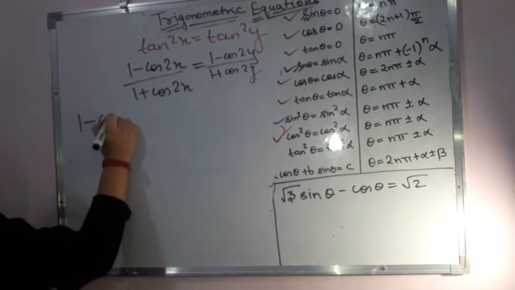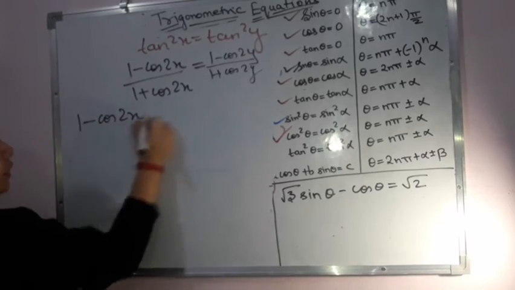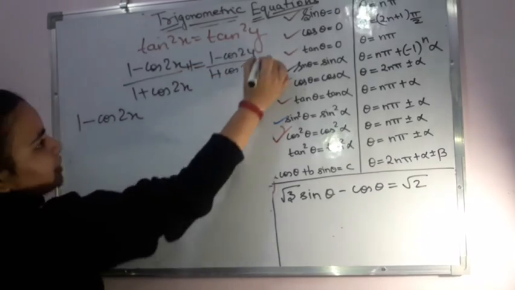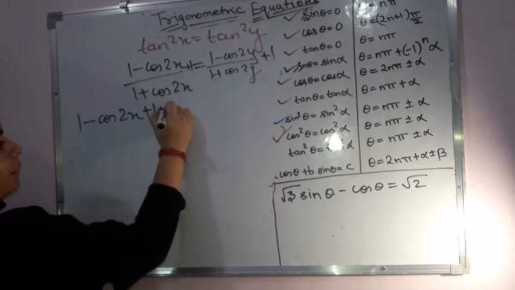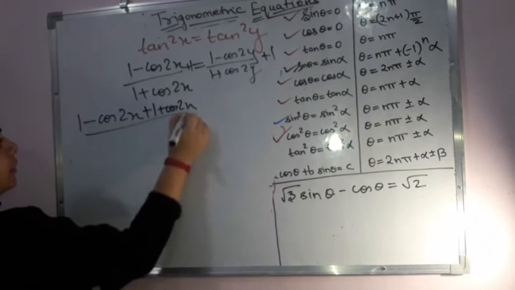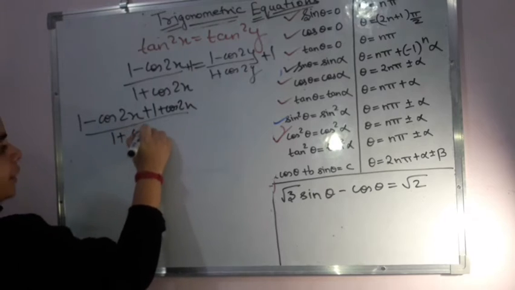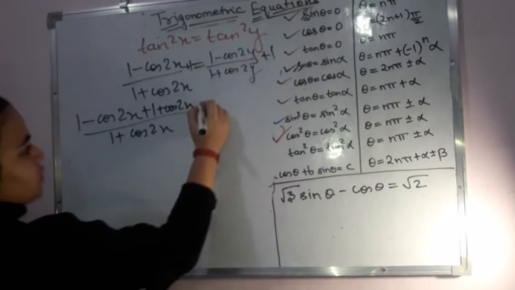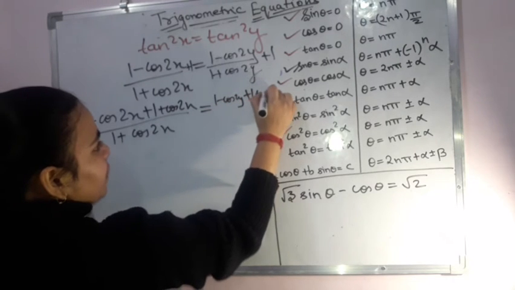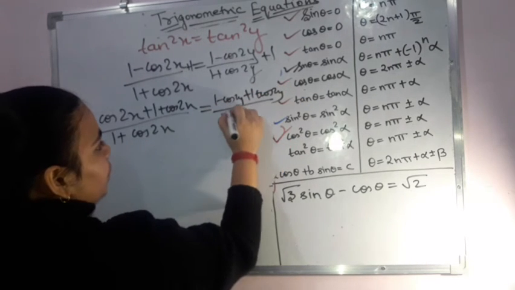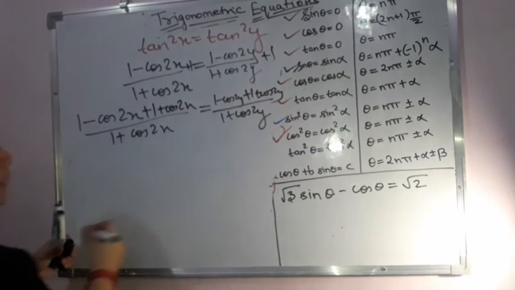So 1 minus cos 2x, if I have added 1, then I'll be taking the LCM, and so it will become 1 minus cos 2x plus 1 plus cos 2x over 1 plus cos 2x, and on the right, 1 minus cos 2y plus 1 plus cos 2y upon 1 plus cos 2y.